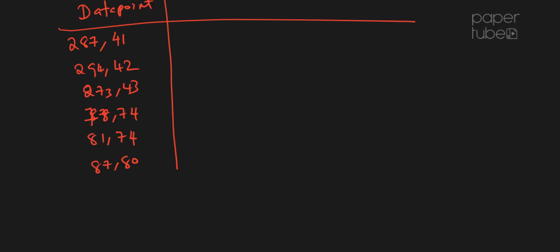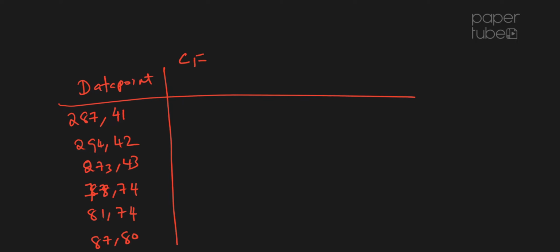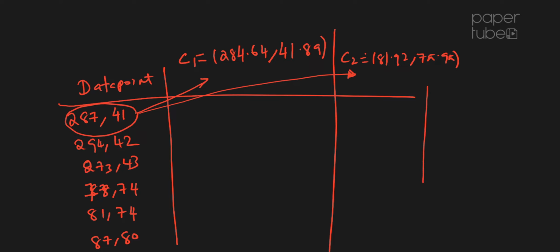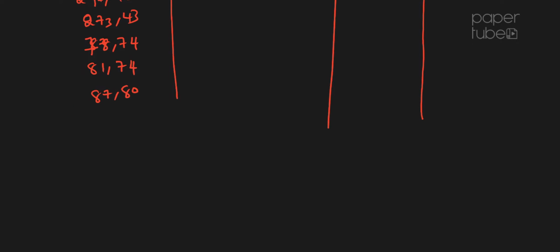And then the new cluster center C1 is given by 284.64, 41.89, and the cluster center 2 we calculated just now, 81.92, 75.95. So we need to calculate the Euclidean distance between each of these data points and cluster center 1 and then cluster center 2, and then again assign the category based on the Euclidean distance.